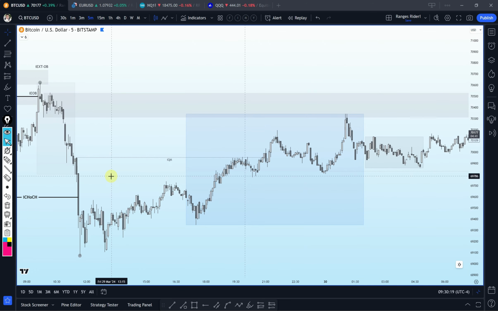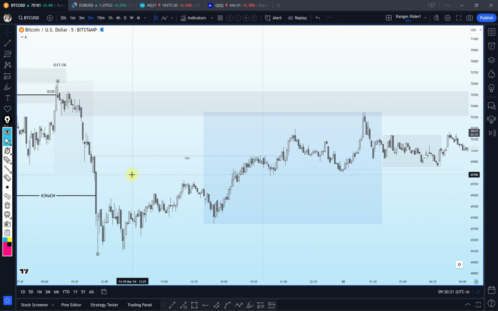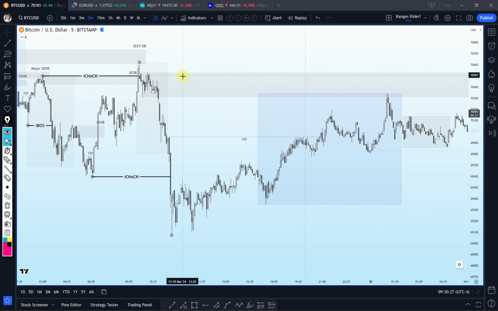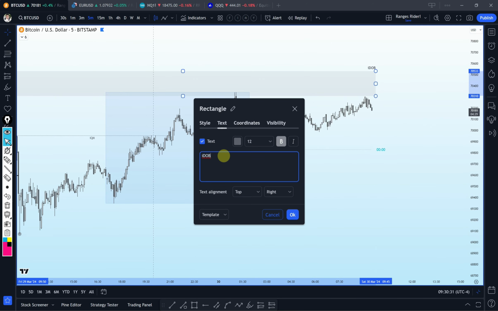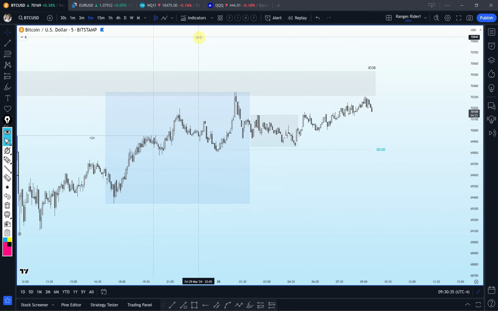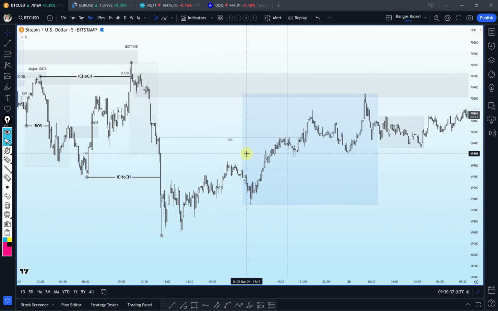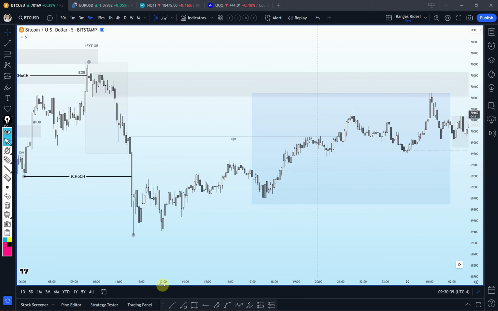And where is our internal DOB? I marked, I think that one is not the internal. That one is, I mean internal, but that one is the extreme EOB. And the decisional EOB is here.